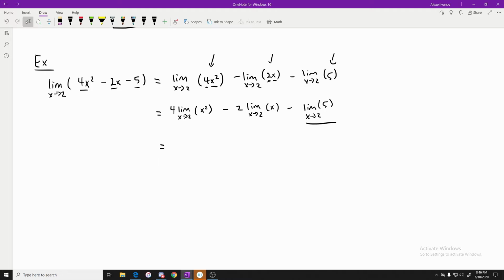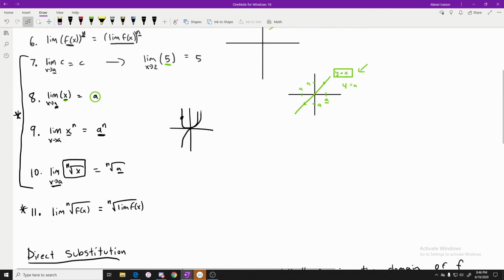Let's look at this first one right here, this 4 times the limit of x squared. If we go up and look at law number 9 right here, we deal with limits of this variable x being raised to a power of n. In this case, n is 2. And what this law is telling us is that we can basically just substitute a in for x, and that will be our limit.